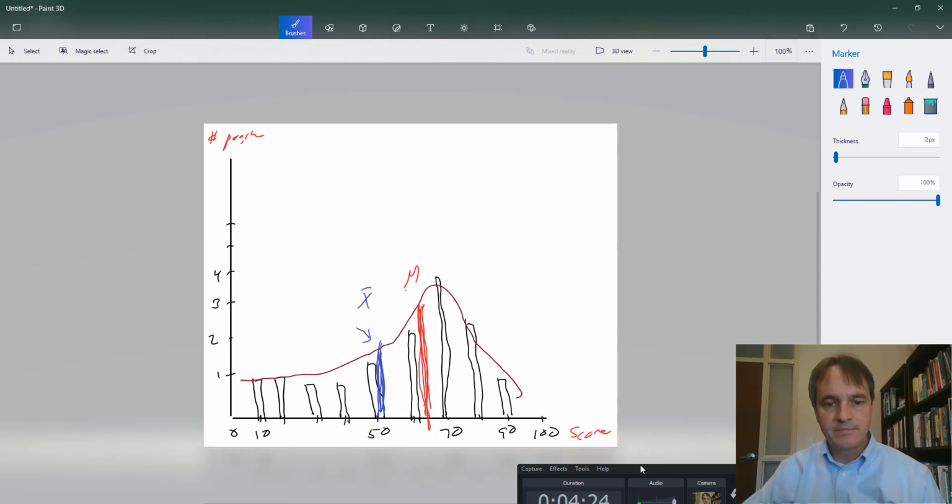So that'll be our median. So what we have here is a situation where our mean is less than our median. And this is what is known as left skew.